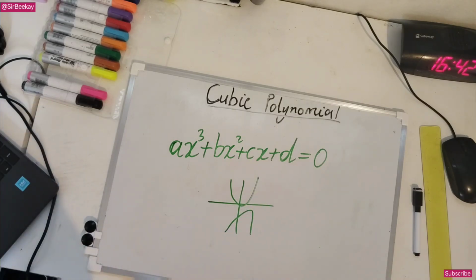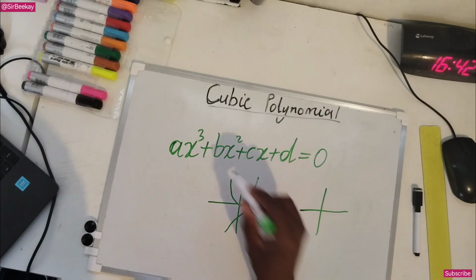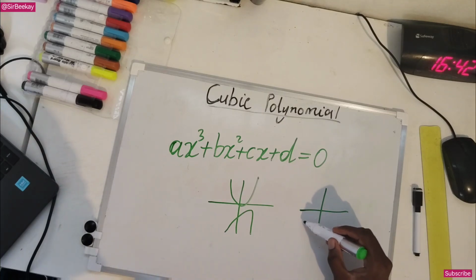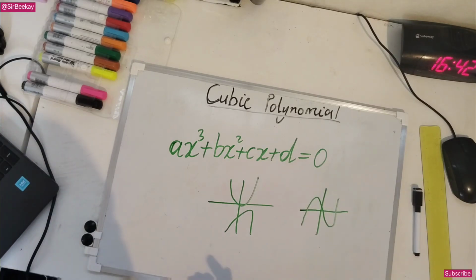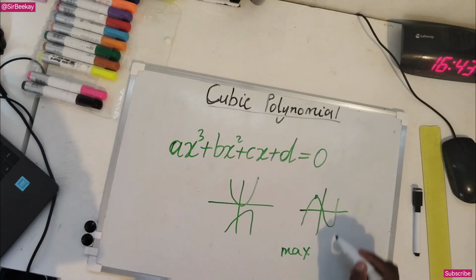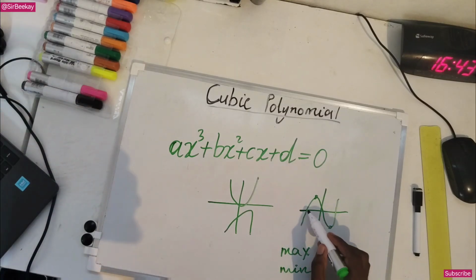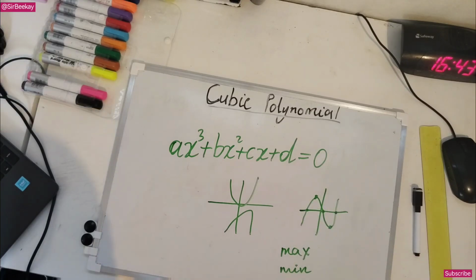Now, the cubic polynomial is a bit different from the parabola or the quadratic equation. This one has two curved parts, simply a maximum and a minimum, while also touching our x-axis.